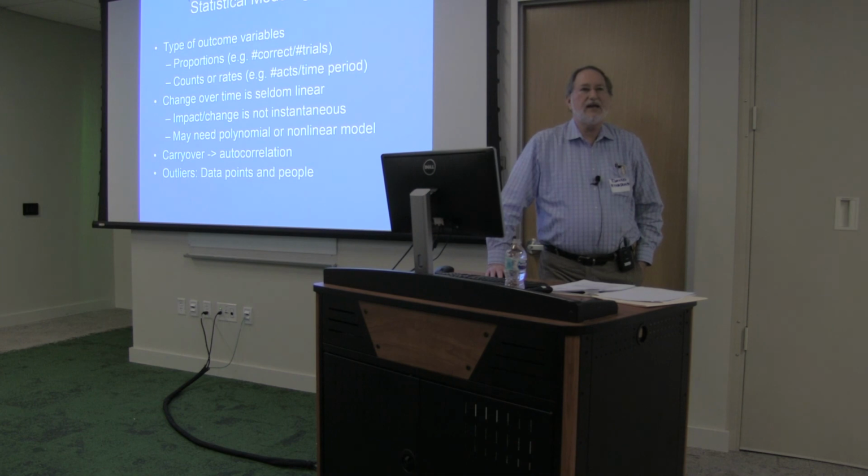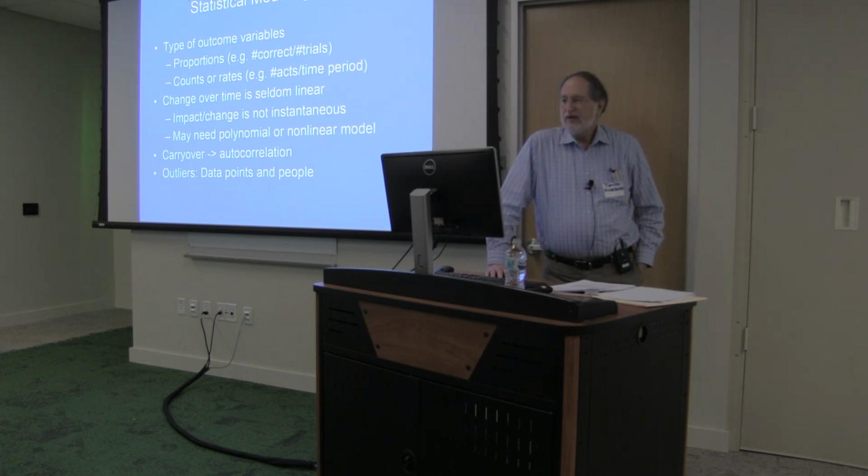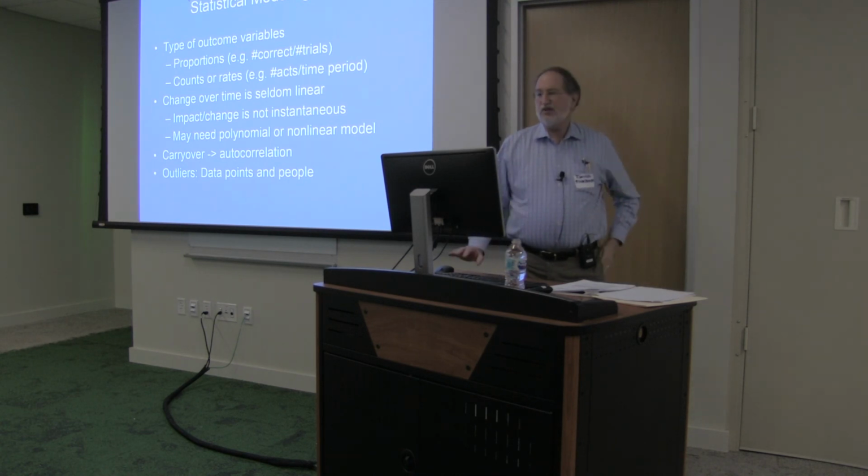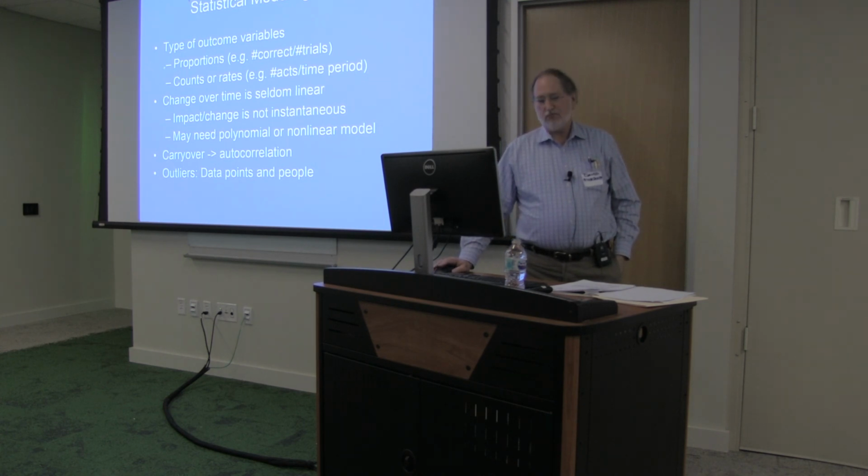So if you have that kind of carryover, you might have to account for it or take care of it in some way. And then you have these outliers, these data points that are all of a sudden a person does something entirely unexpected outside the range of usual. So all these things and more came up as problems as we were doing our analysis.